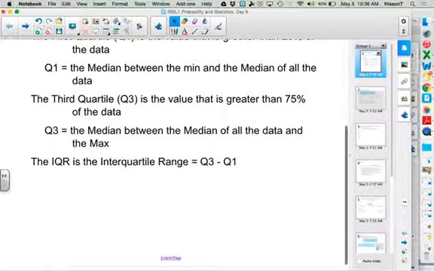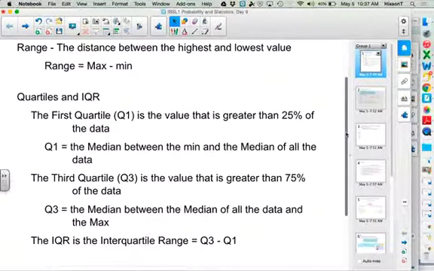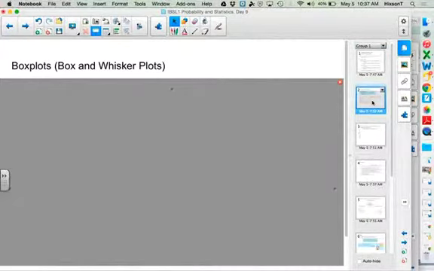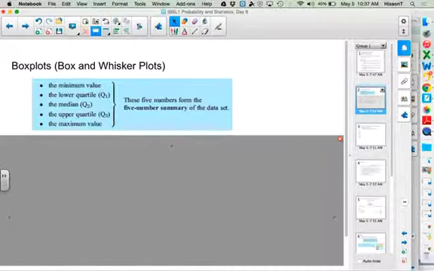So you say, okay, well that's nice. How does this all relate to a box plot or a box and whisker plot? How would we make these? Well, for a box plot, you need 5 key values. To make a box plot, you're going to first come up with the 5-number summary.